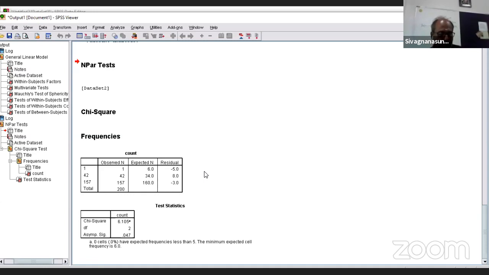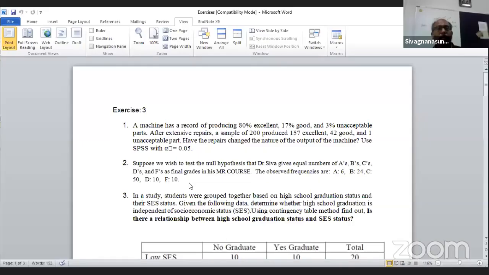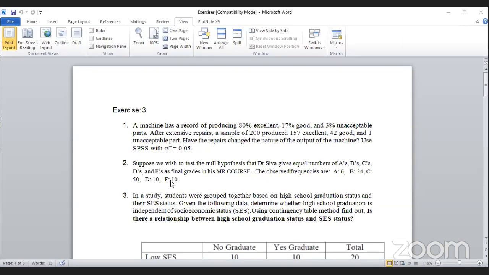Okay. So I'll take one more example in the same category, which is called goodness of fit test. We'll do one more. I'll go to the Word file now. Do you see the Word file? Yes, sir.